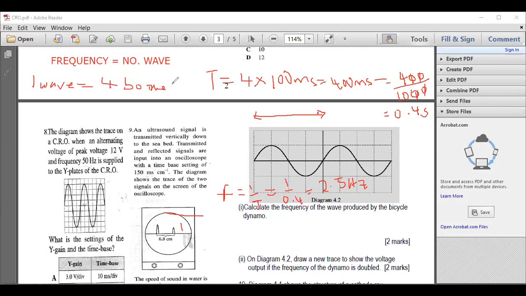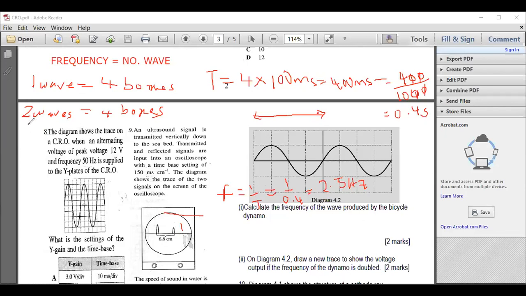Now when they say the frequency is double, that means the number of waves must also be double. That means in 4 boxes, you are supposed to see 2 waves. Now make sure the amplitude doesn't change. You only change the frequency. So in 4 boxes you must see 2 waves.